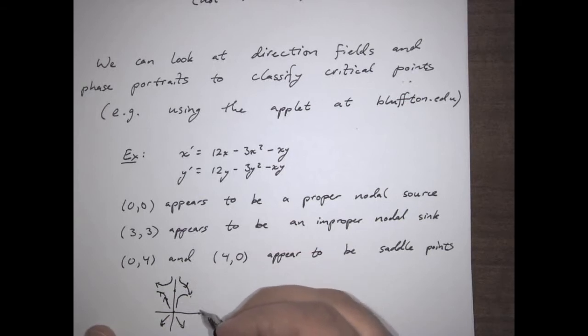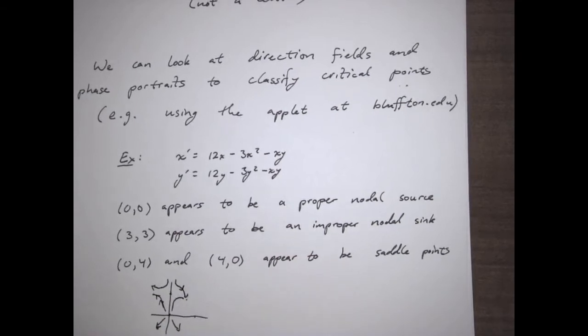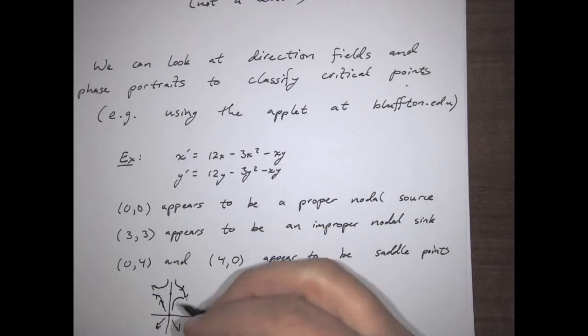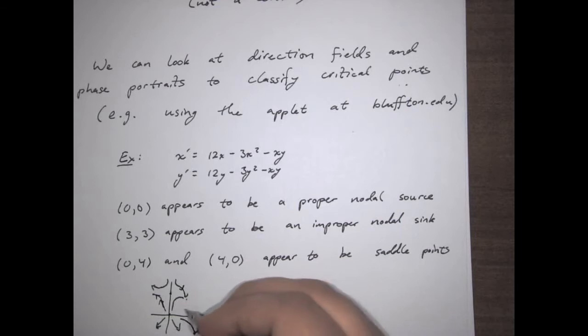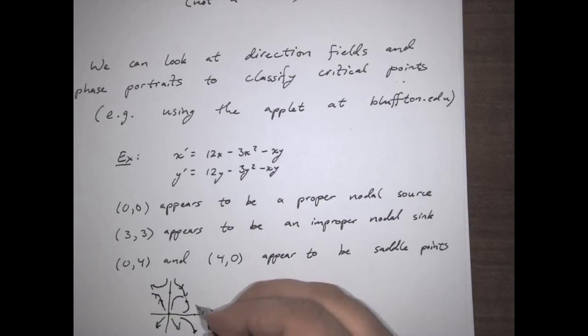And then over here, what was the deal on those ones again? Let me take a quick look. So those ones were going out along the vertical, and here it would be going up like that, and in along the horizontal.